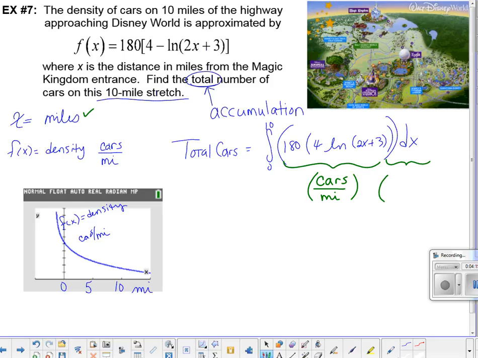This will be a label that comes in as miles. And I get miles cancel miles. My answer is going to turn out to be in cars, which makes me happy because I want my answer to be the total number of cars on the road accumulating through this function. And that is something I really don't want to integrate by hand, so I'm going to let the calculator do it.